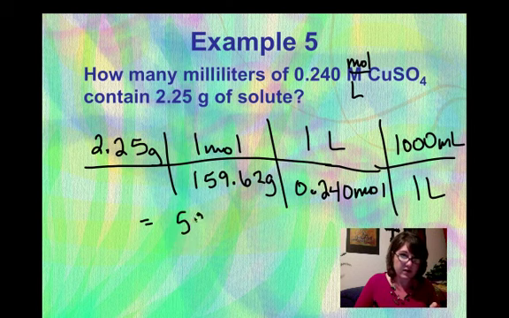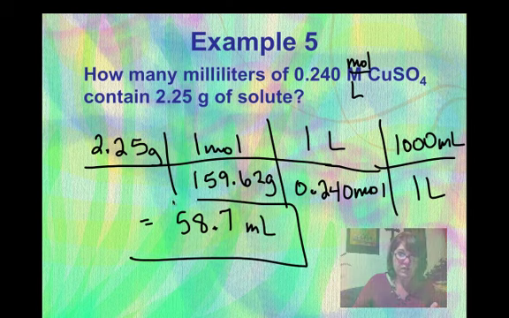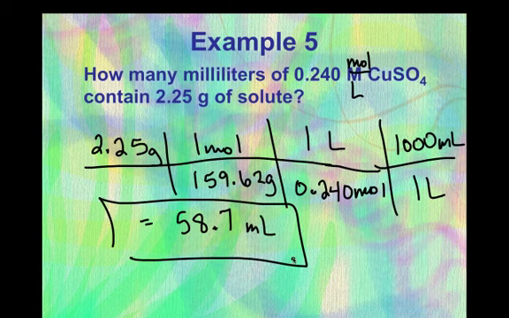That's going to be 58.7 milliliters. Do I get to keep all 3 sig figs? Yep, I sure do. 58.7 milliliters of solution. Great. So now you've seen several different ways to use molarity in your T-table so that you can change moles to liters and liters to moles. Pretty handy.